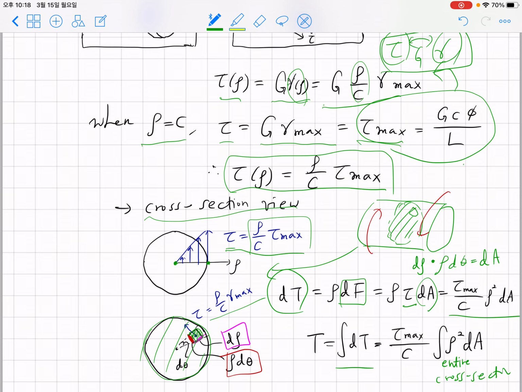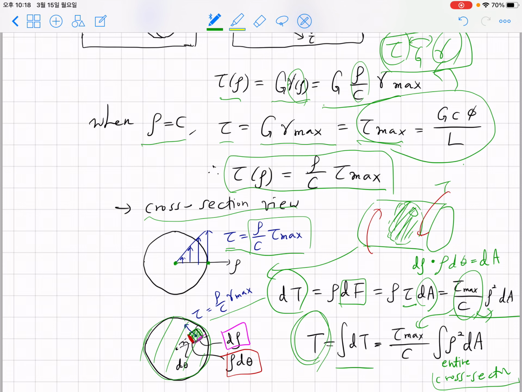Then the torsion for the entire area, which must be the same as the applied torsion, can be written as tau max over C, where you take out this constant and leave the variable rho, which is a function of position, and integrate over the entire cross-section.